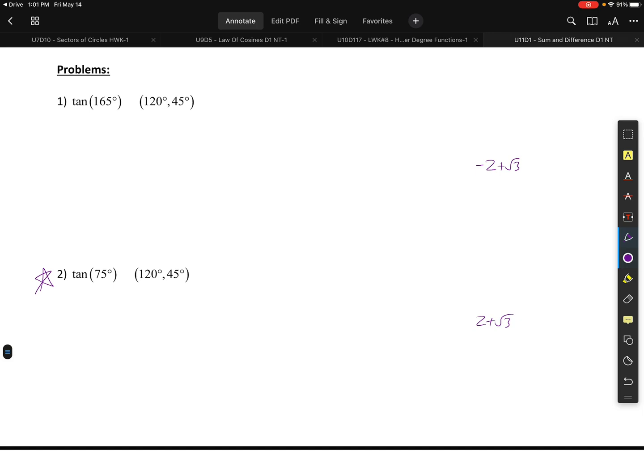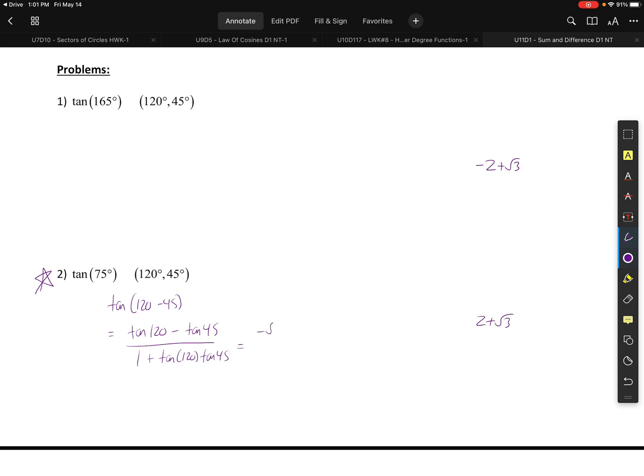So if we look here, this would give us tan of 120 minus 45, which would be tan 120 minus tan 45 over 1 plus tan 120 tan 45.